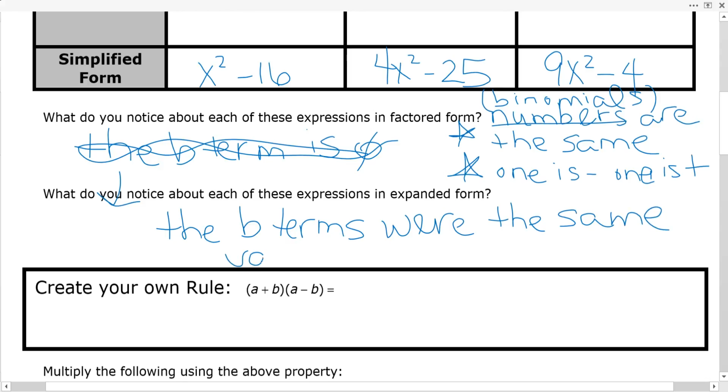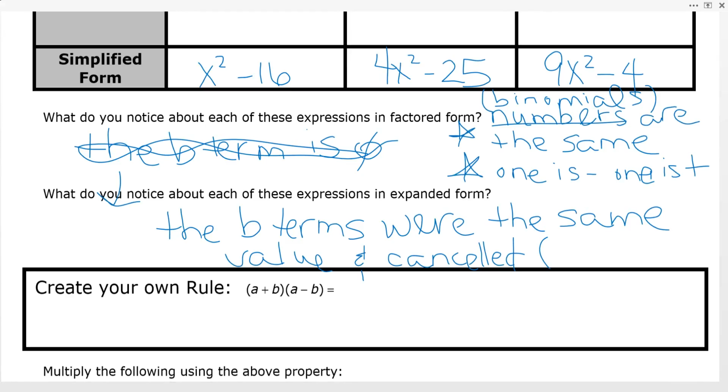They're the same value and canceled. B equals 0.